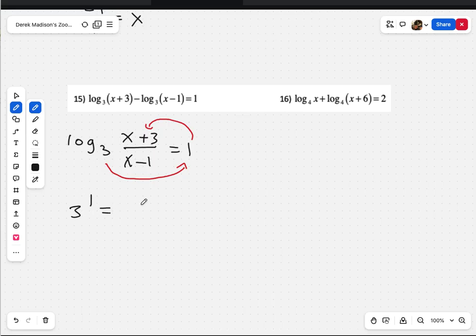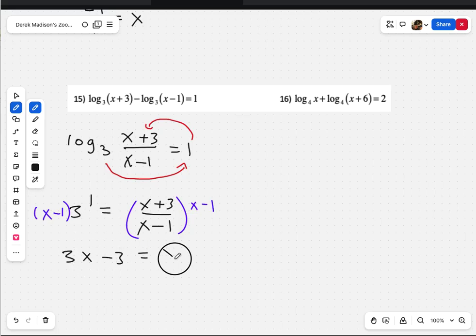So 3 to the first equals x plus 3 over x minus 1. We will clear that fraction by multiplying both sides by x minus 1. On this side, that would be 3x minus 3 equals x plus 3.